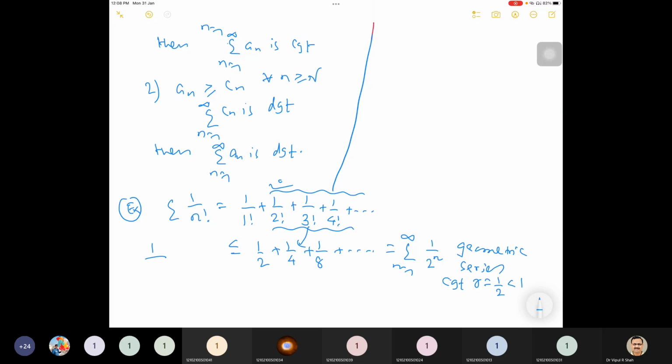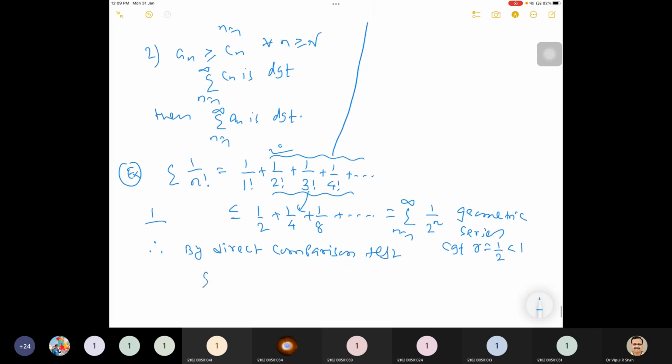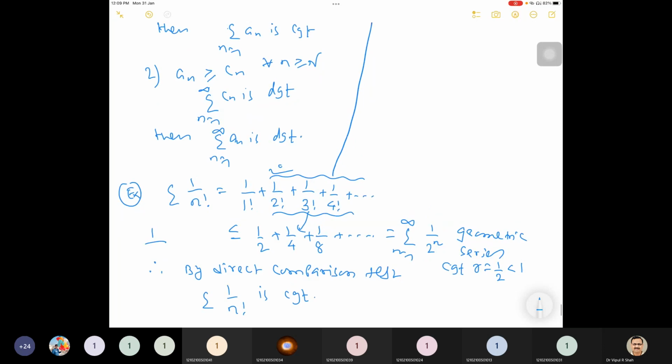So the given series is smaller than a convergent series. So therefore by direct comparison test, series 1 upon n factorial is convergent. Understand, everyone?